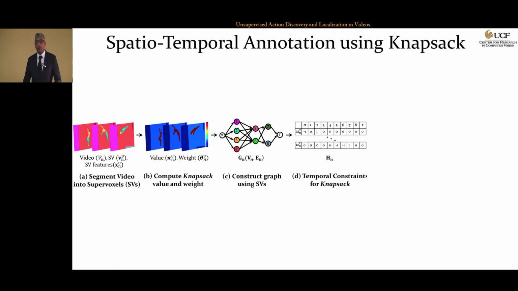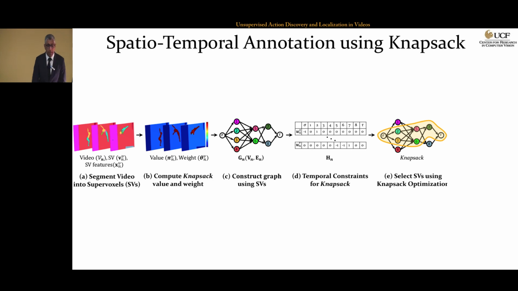Although in a 0-1 knapsack problem we can select items that have the maximum value, that doesn't necessarily guarantee that all those items selected would give us a contiguous or continuous action in this video. So we impose a temporal constraint that ensures that the items we select are temporally connected from the start till the end of the action. Once we have these constraints, we apply knapsack, and that gives us a group of supervoxel nodes that we select to give us the action localization as shown over here.